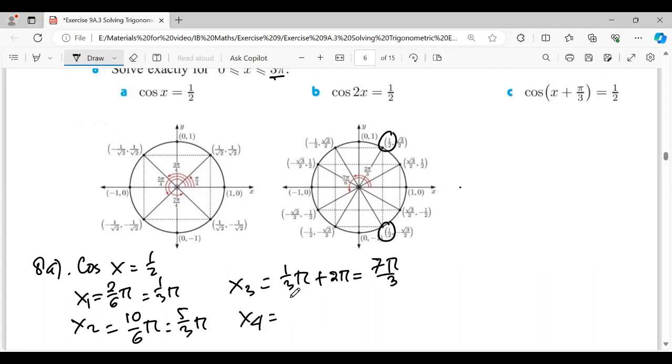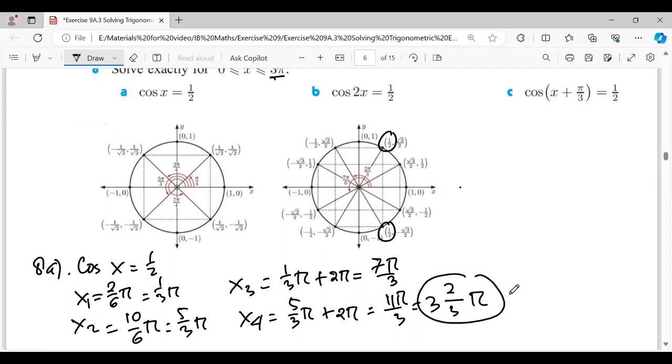X4, 5/3 pi plus 2 pi. 3 times 2 plus 5, 11. It is 11/3 pi. And we will not use this x value because this number is over 3 pi.